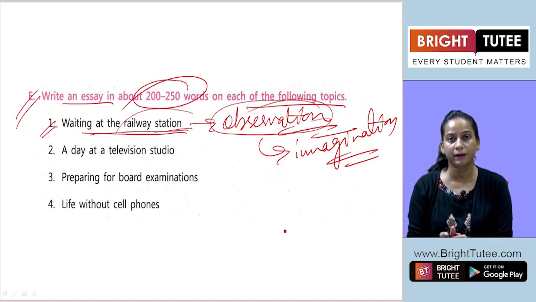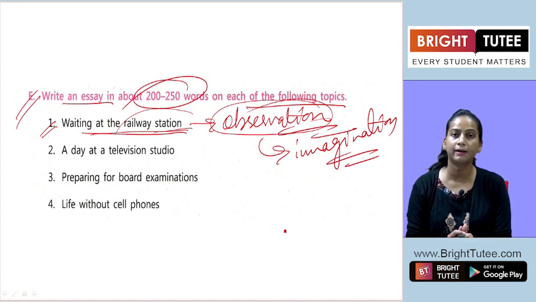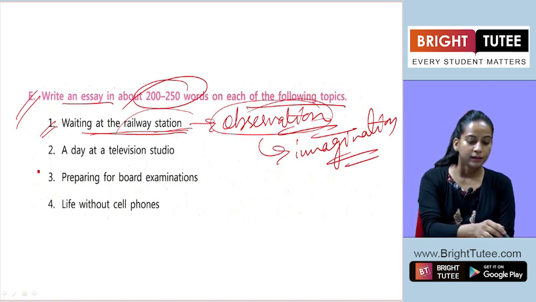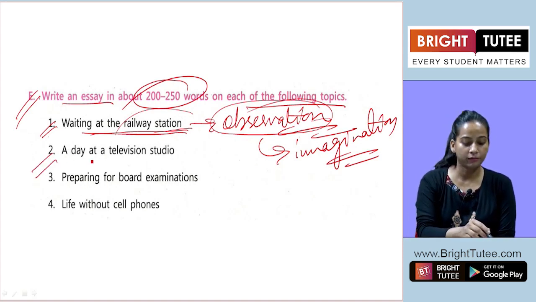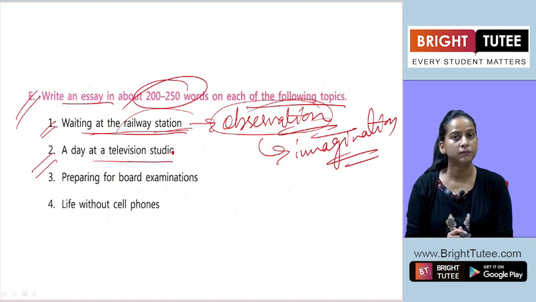The final paragraph, the last paragraph that you are going to include in your essay writing, must have the conclusion part. Okay. Then the second topic they have given is a day at a television studio.